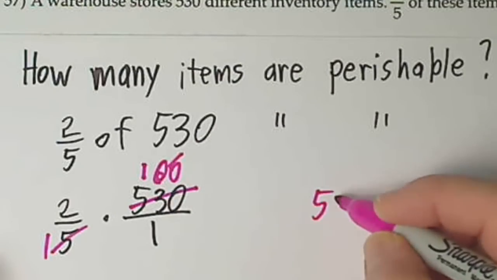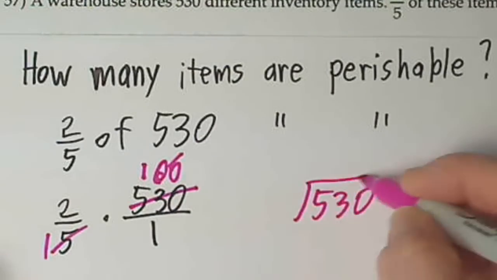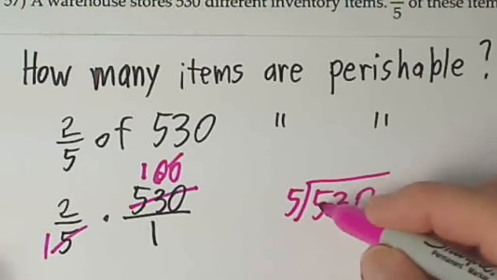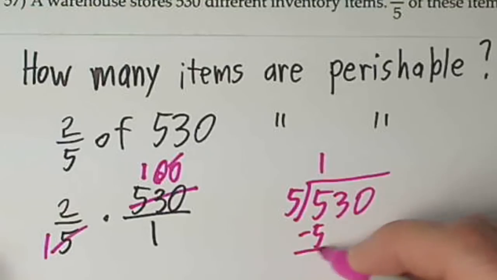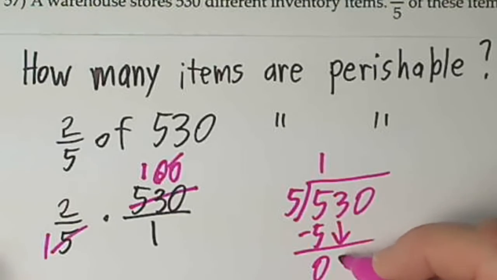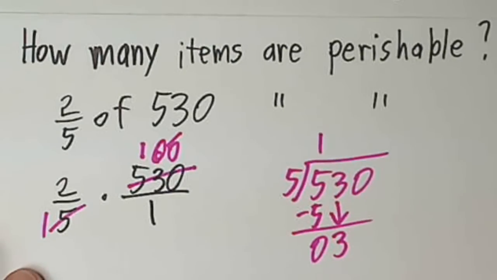Watch. 530 divided by 5. 5 goes into 5 once. Bring down your 3. Every time you bring down a number, you have to ask and answer: how many times does 5 go into 3? 0.